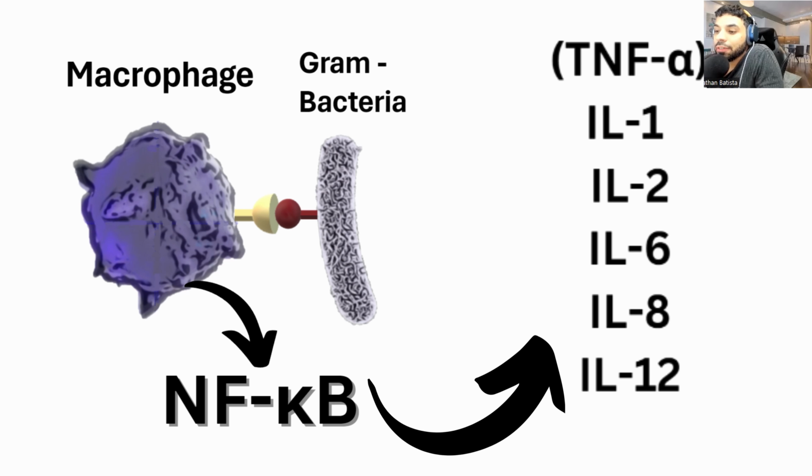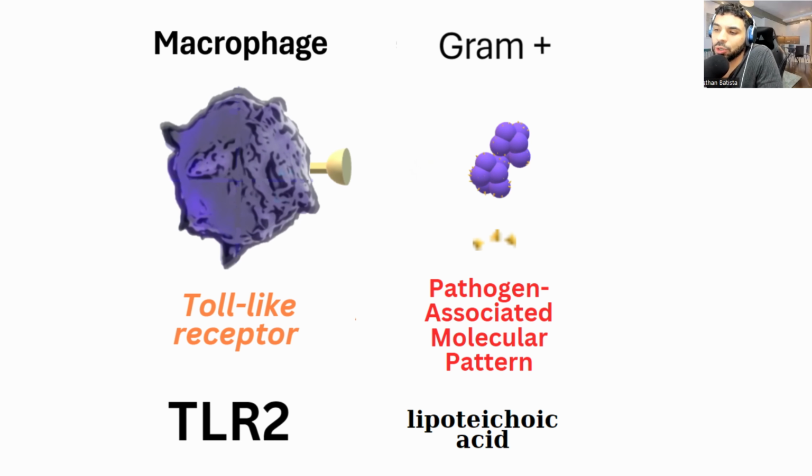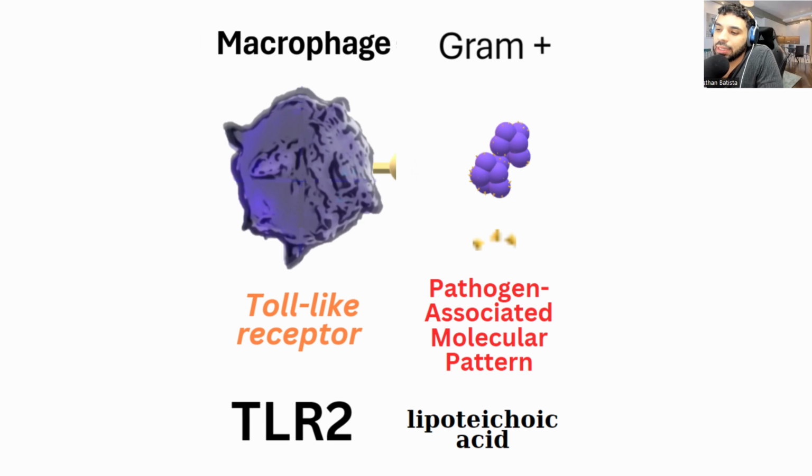Now, in gram-negative, we mentioned LPS. If this was a gram-positive, it will be something called teichoic acid. It's going to make contact with that toll-like receptor. This is the toll-like receptor right here. Okay, we understand that. That's whenever we're talking about a PAMP, pathogen-associated molecular pattern.